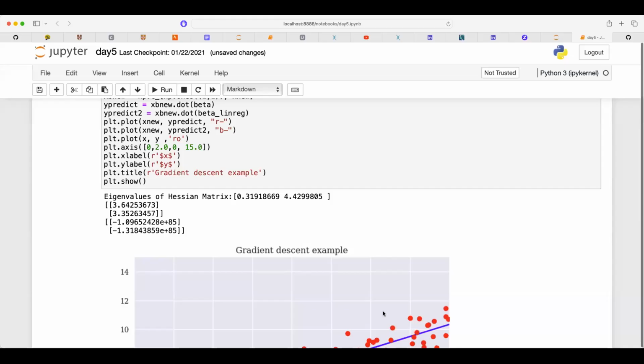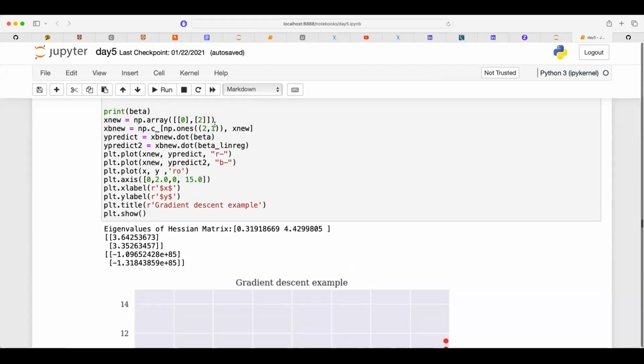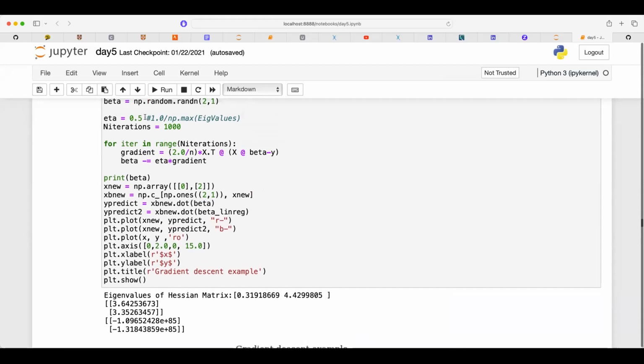So let's go back to the Jupyter Notebook. And what we're going to do now is simply to take 0.001, for instance. And now I have a stupidly large number of iterations. When you run this with neural networks, 1,000 iterations is actually a huge number if you have millions of parameters.